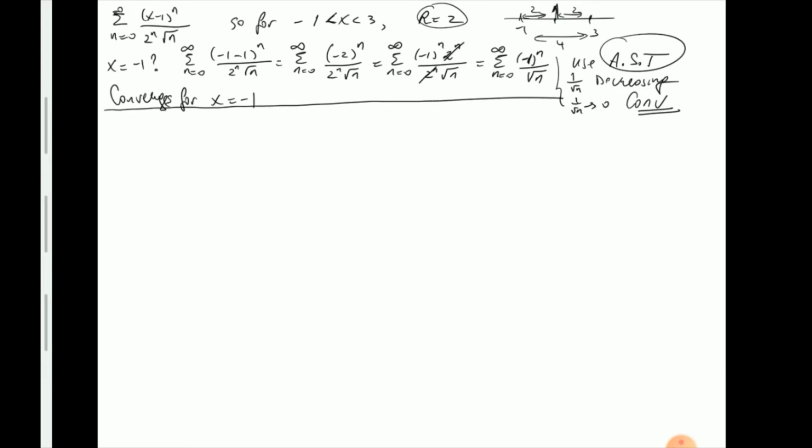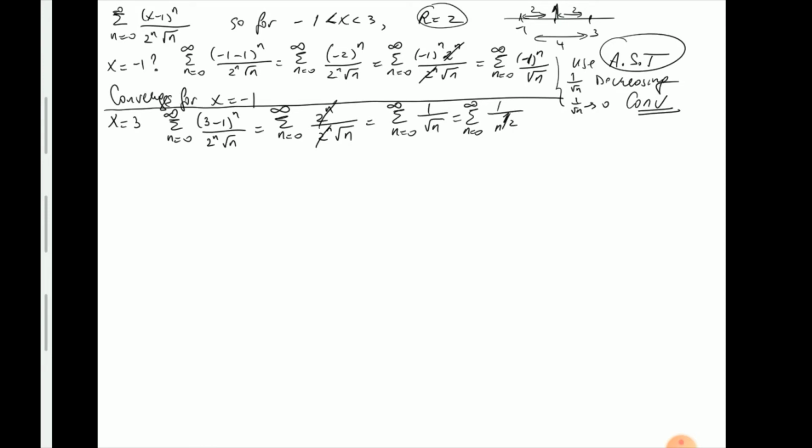All right, so now the last part, let's check the right endpoint. If x equals 3, we go back to the series from n equals 0 to infinity of 3 minus 1 to the n over 2 to the n root n. This becomes 2 to the n over 2 to the n times root n. This cancels out, leaving 1 over root n, or if you want, 1 over n to the 1/2.